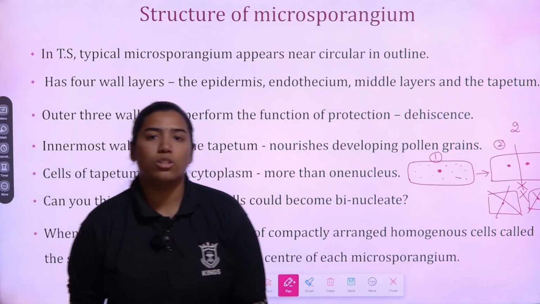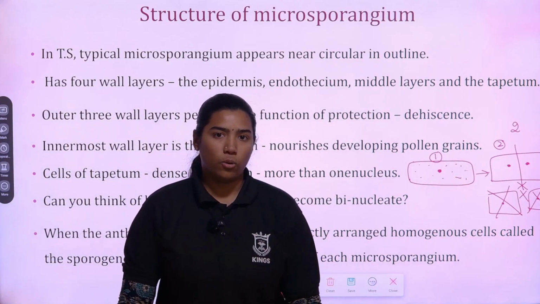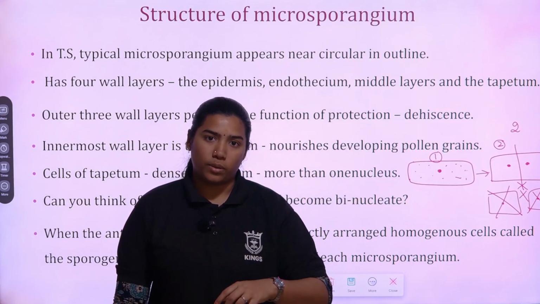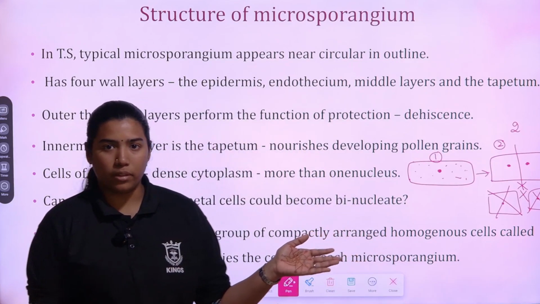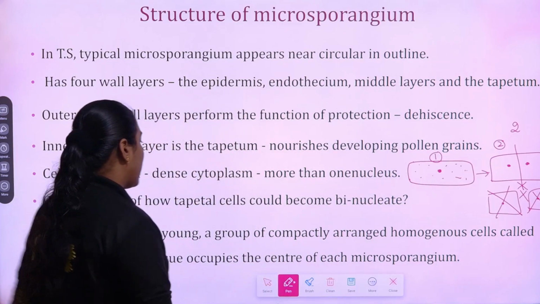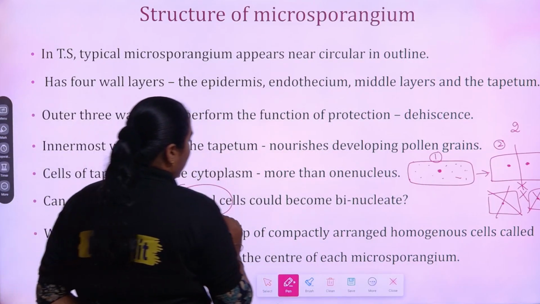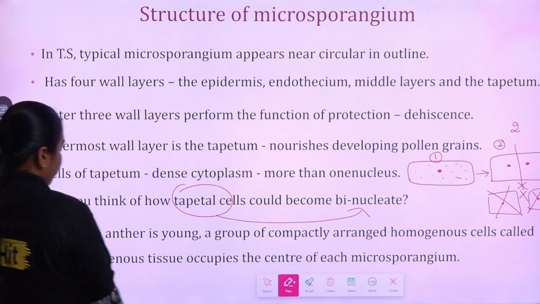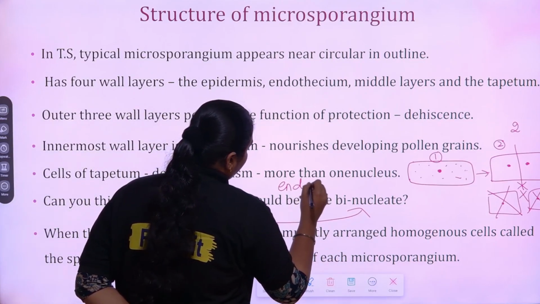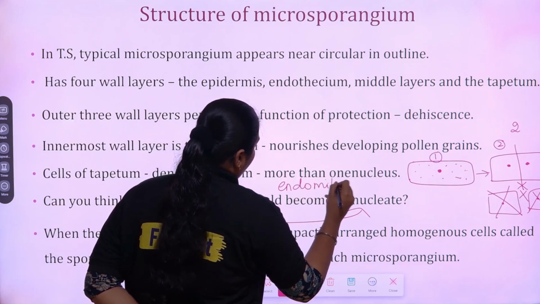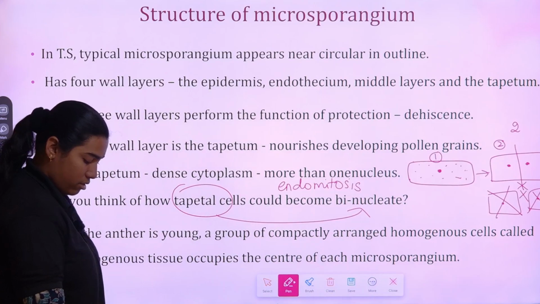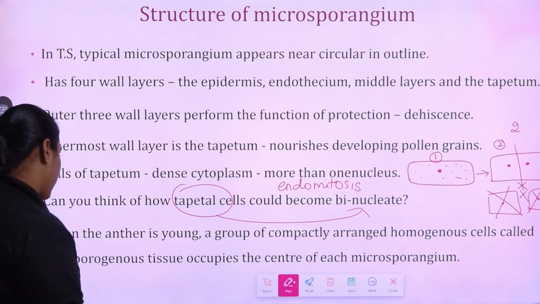So a cell can have double the cytoplasm and double the nucleus, and it doesn't split up. That's how tapetal cells become binucleate by the process known as endomitosis. This one is commonly accepted, but there are some other theories also.